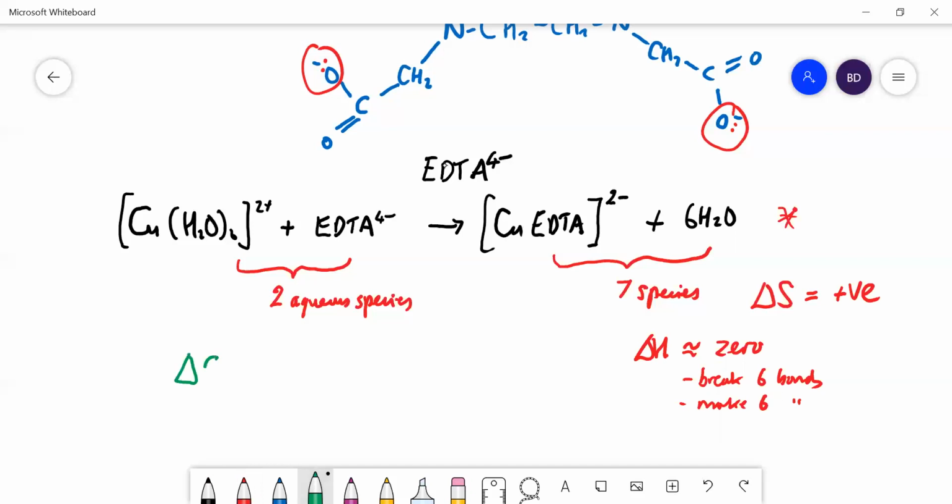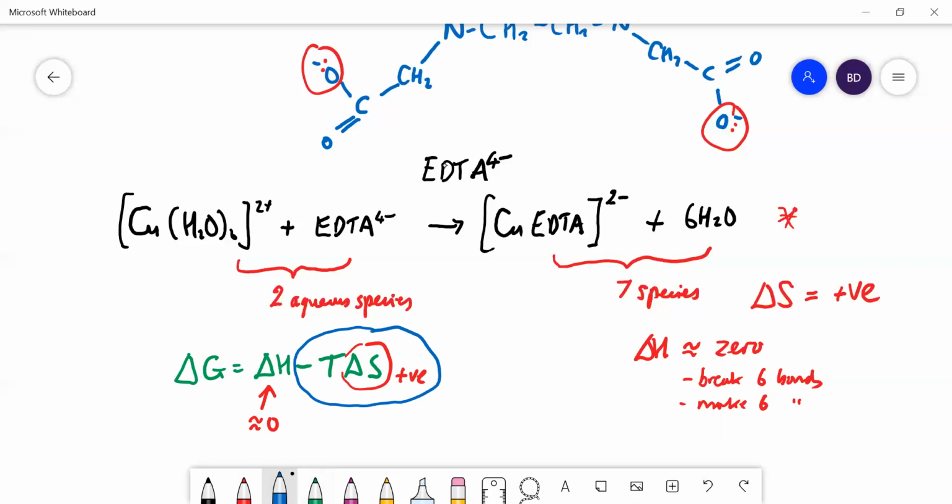Delta G is equal to delta H minus T delta S. Now for this reaction, delta H is approximately 0. Delta S is positive. So that means this whole thing here is negative. So that means delta G for this reaction is negative.